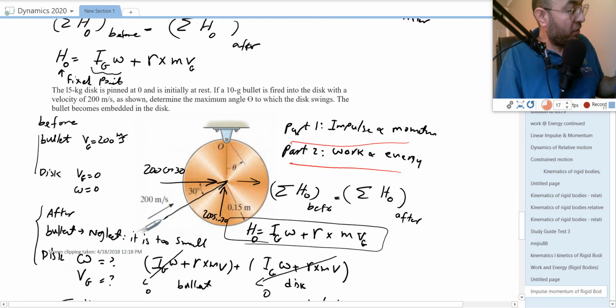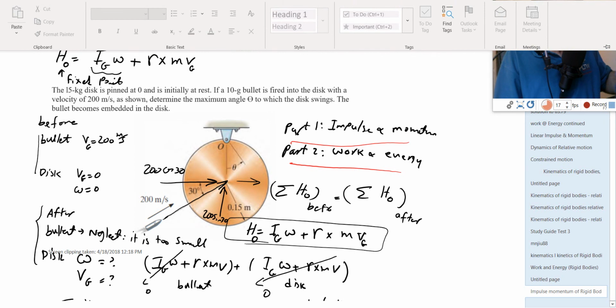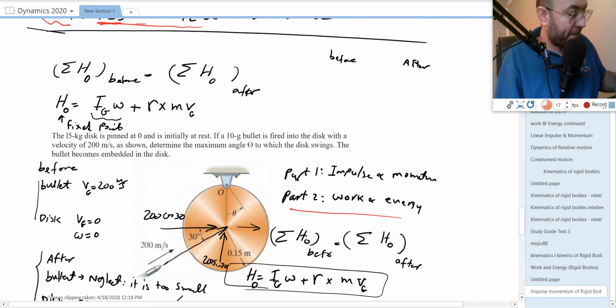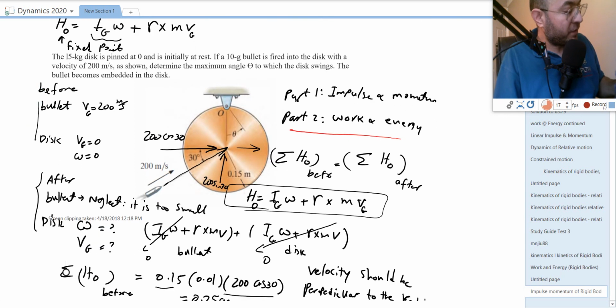In part 1, before the impact, the bullet is moving, and we don't have anything from the disc. So the velocity of the disc is 0 and omega of the disc is 0.